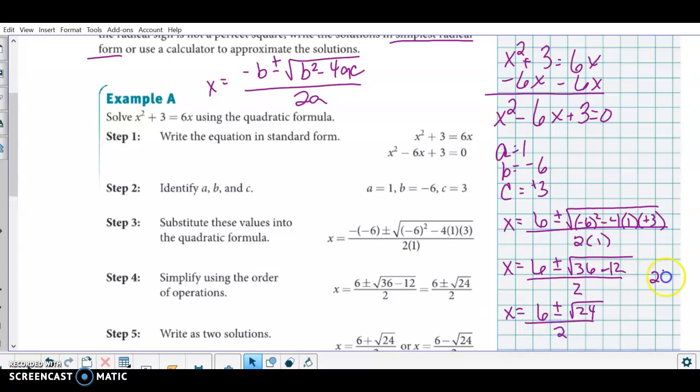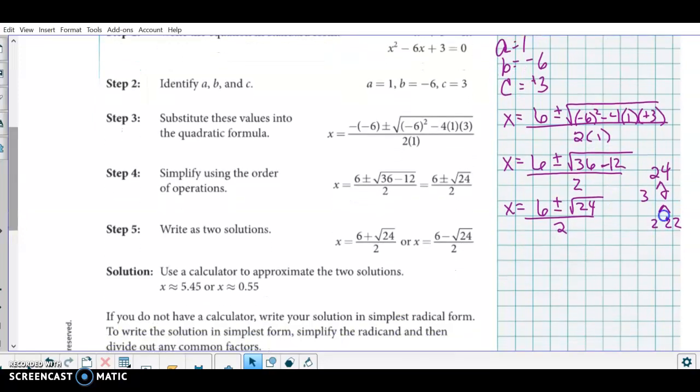Now, 24 simplifies to 3 times 8, and we know 8 is 2 times 2 times 2. So we can simplify 24. 6 plus or minus 2 times the square root of 6 all over 2. Now, this dividing by 2 means we're actually doing both of these by 2.